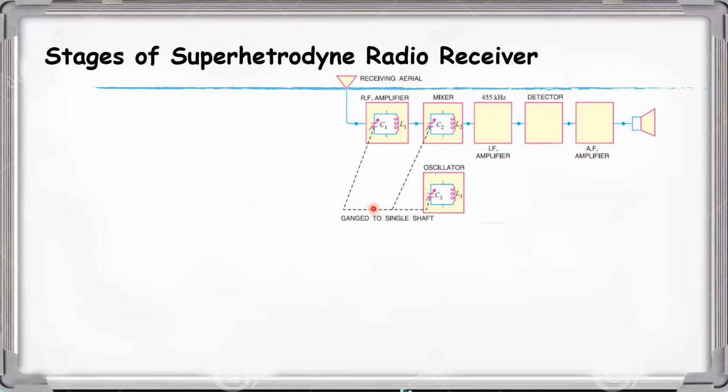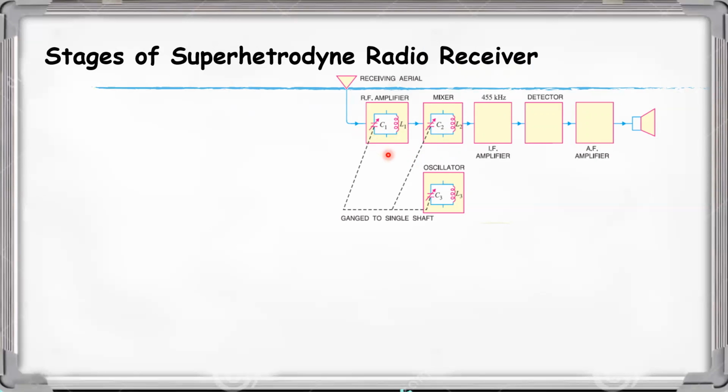When we change that ganged shaft, the capacitance of each circuit changes in such a way that we get a mixer output of 455 kilohertz.